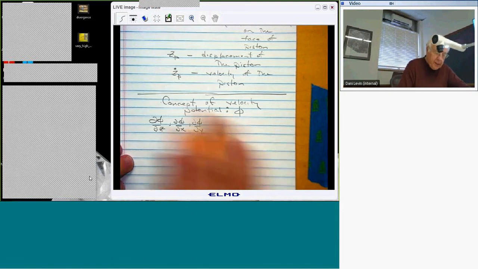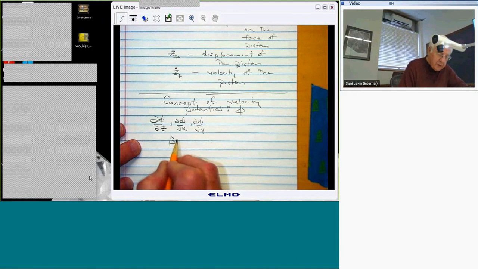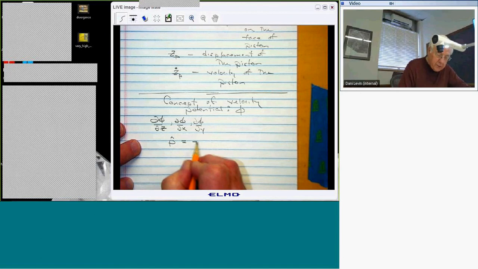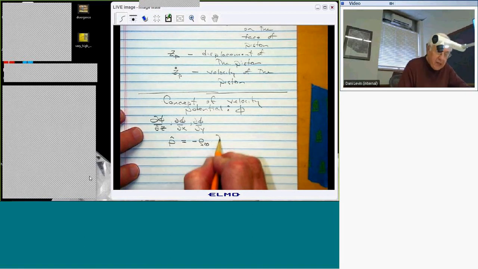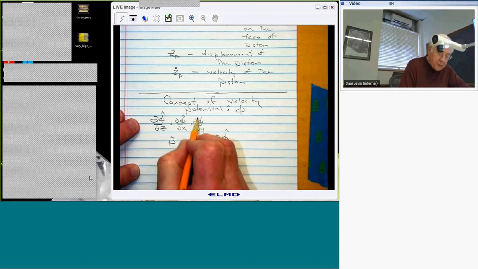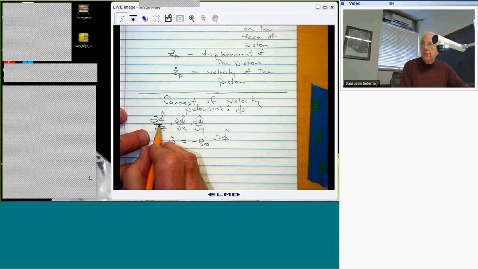Anyway, d phi dz is then the fluid velocity in the z direction. D phi dx, which we don't need to worry about yet, but I'll just point this out, and d phi dy are the velocity components of the fluid in the x and y direction, right? And Bernoulli became famous for finding out that the pressure perturbation is equal to the mean density, and remember, piston theory involves the mean density, so here's where it comes in our story, times the time derivative of phi, d phi dt. And by the way, these are all perturbations. We're always talking about perturbations now. This is true for the total velocity as well.